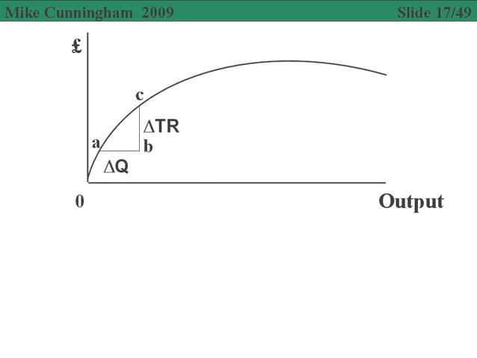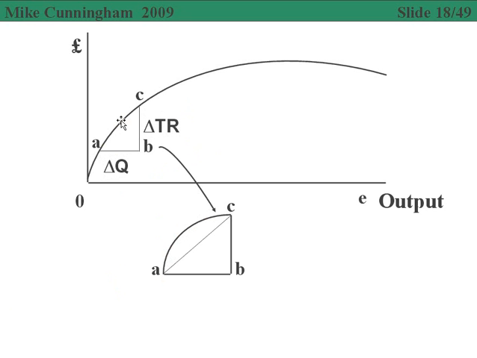Let's just expand it and have a look at it again. Okay, we've got A, B, C. And you can see that the true revenue curve is this curved line AC. It's the curved one.